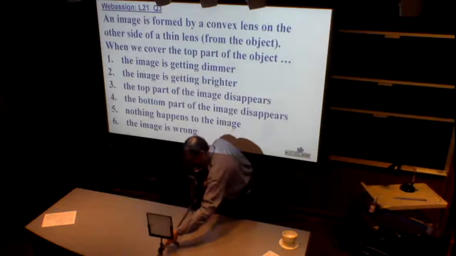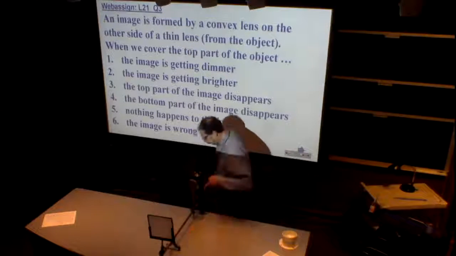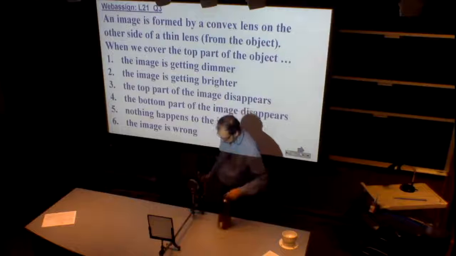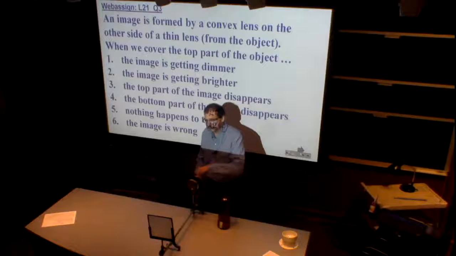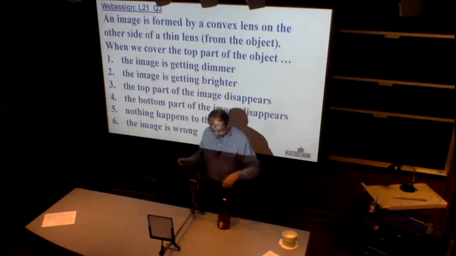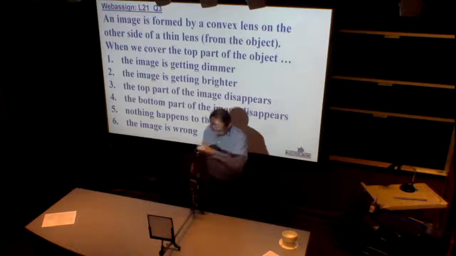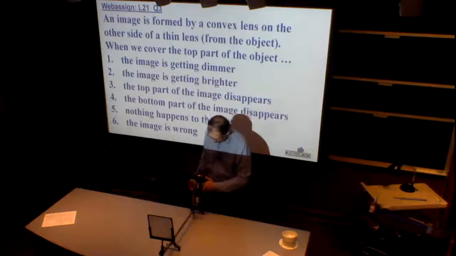I planned to use it yesterday, didn't have time for that. This is the source, a bulb with a long vertical filament. But I don't want the light to shine in all directions, so I use a screen.